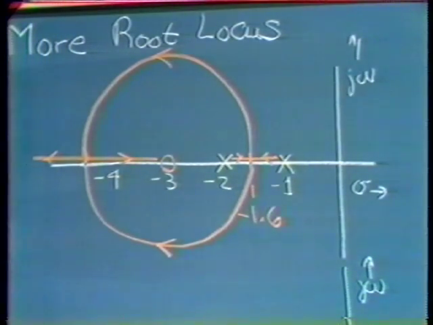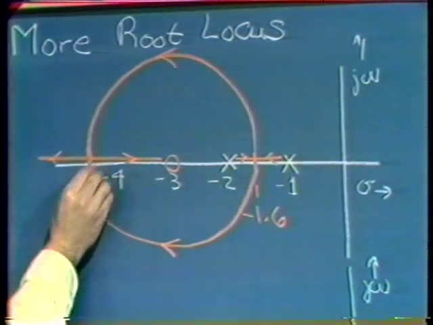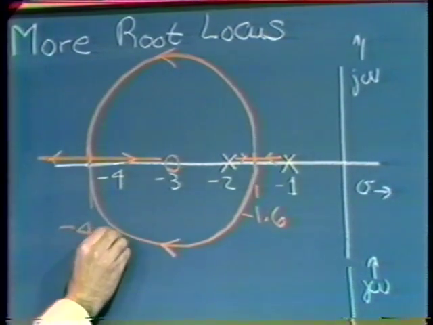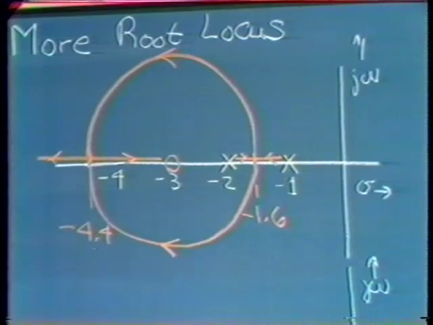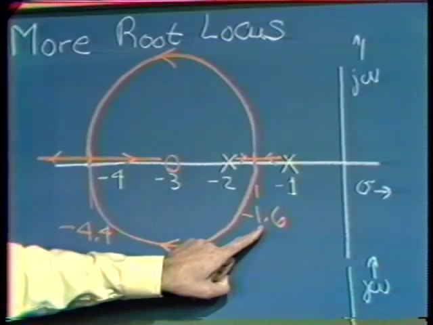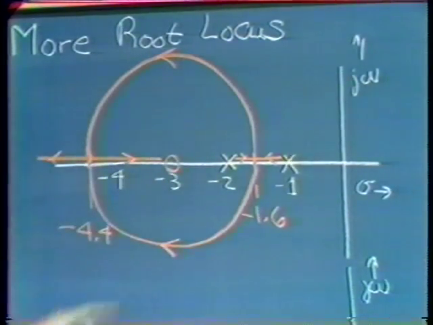Because the diagram is symmetrical and centered on the zero, we can conclude that this re-entry point must be at -4.4. So by doing really only one numerical calculation, which is the breakaway point, and recognizing that the trajectory is a circle centered on the zero, we're able to sketch the complete root locus diagram.